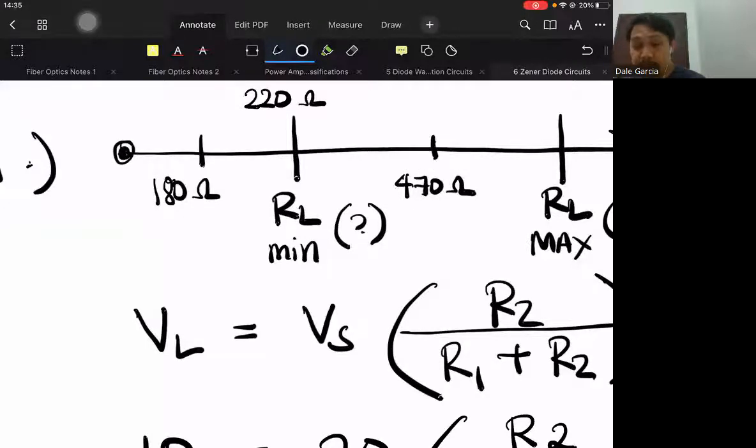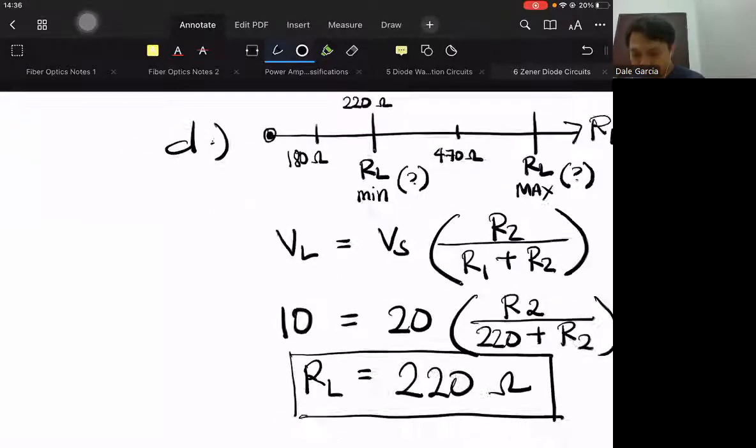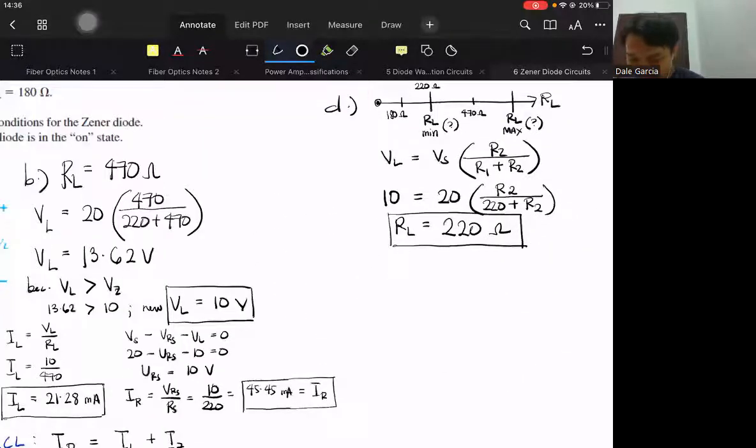So 220 is the minimum value of RL for the Zener diode to be turned on. So that solves D.